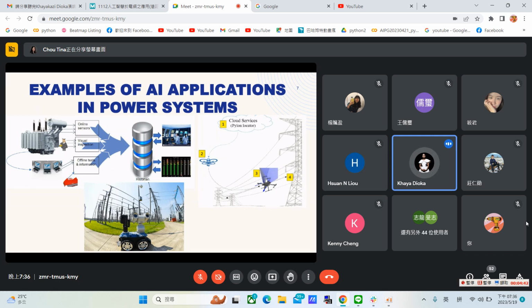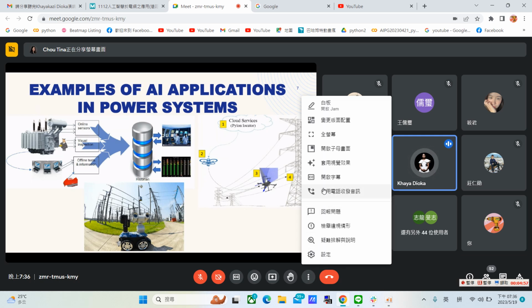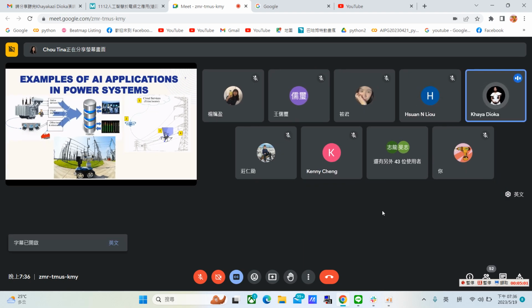So all of that, including offline tests, we're going to integrate and then start sending an integrated signal to the system operators and the engineers that would need to make a decision on what to do with the plant eventually.